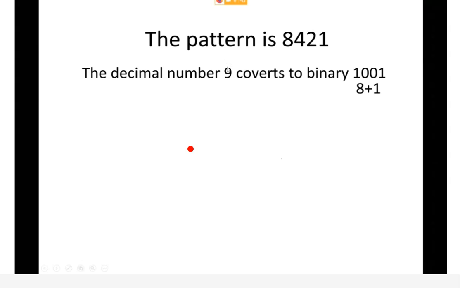So we can take a 9 and convert it to binary, right? We have 1 in the 8's column, nothing in the 4 and the 2 column, and 1 in the 1's column.